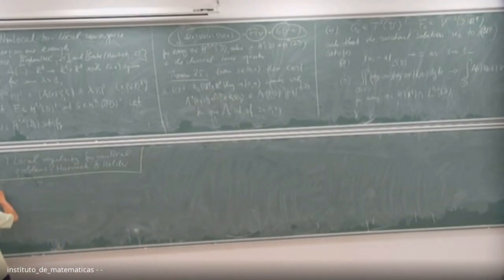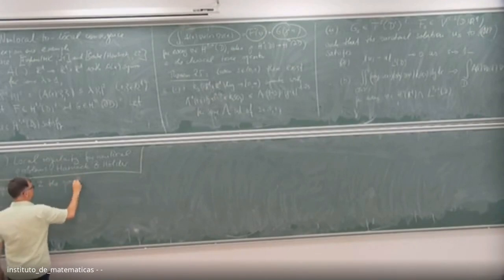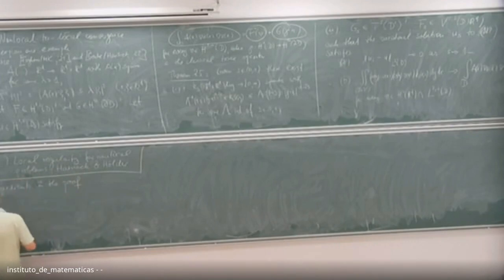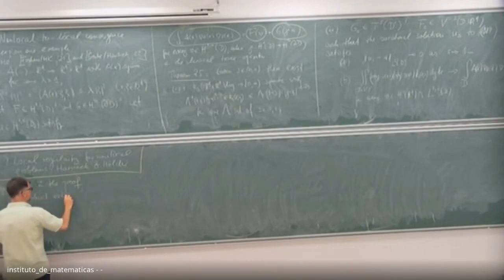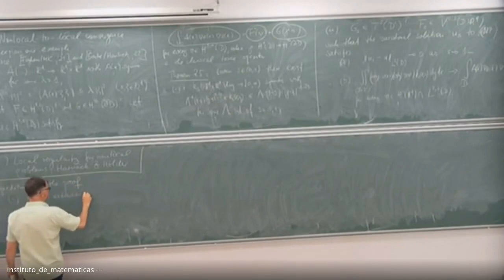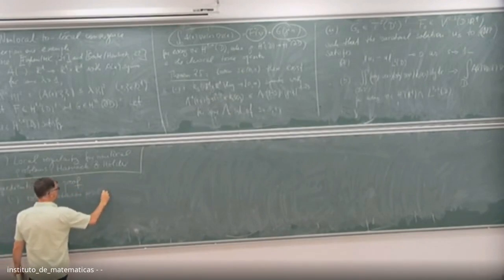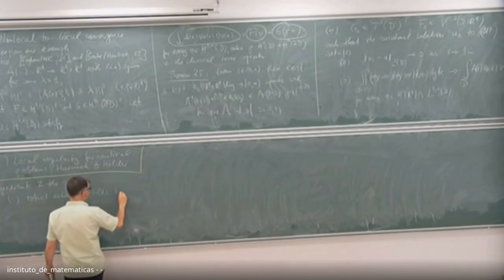So what are the ingredients in the proof? First, you need the robust extension results. This is what I had called our lucid dream.